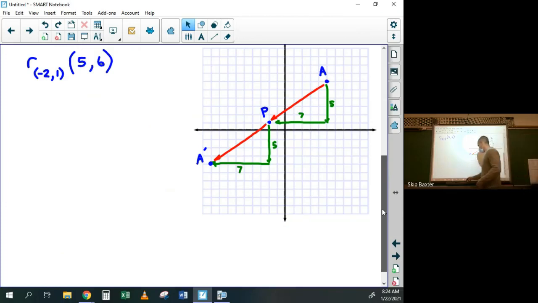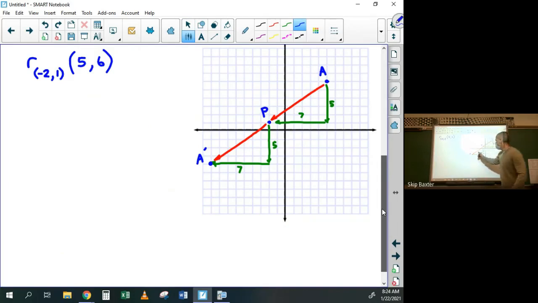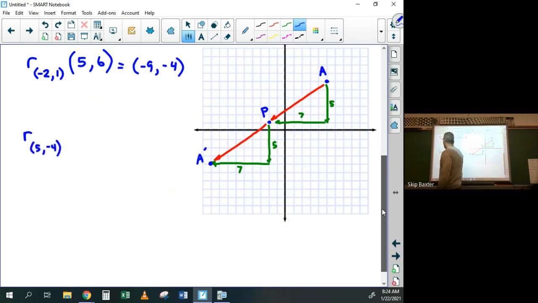Let's do one more example. So anyway, the image would be -9, -4. Suppose it was reflect across the point 5, -4, the point 2, 0.